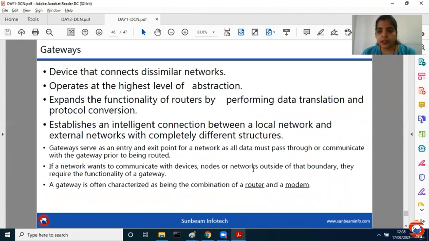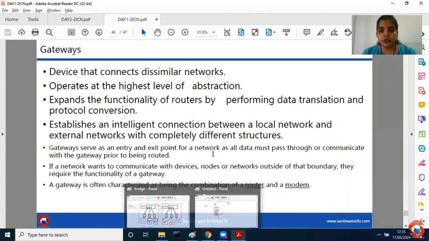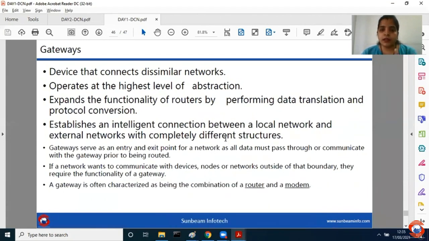Now, when you talk about gateways, right? For example, I am connected to my router. You are connected maybe over mobile. You are connected maybe over the LAN, right? Someone may be connected over wired media, or someone over wireless media. Also, I may use a different networking speed, and you may use a different networking speed.